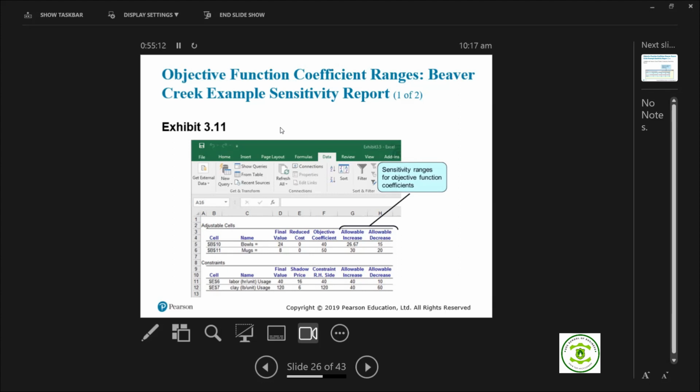Now, with the sensitivity range, we have two values. It's a range, which means that it falls within some interval. So we want to know within what interval our optimal solution will still be 24 bulls, 8 mugs. Within what interval must this coefficient fall for our optimal solution to still be 24 bulls and 8 mugs?